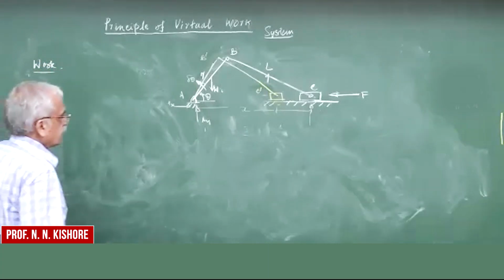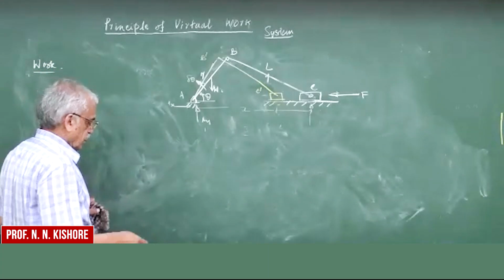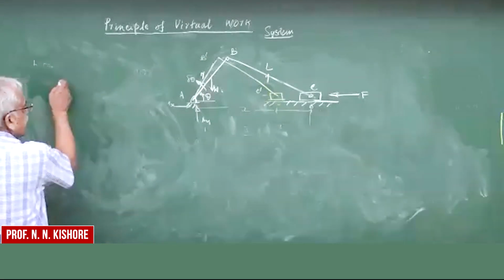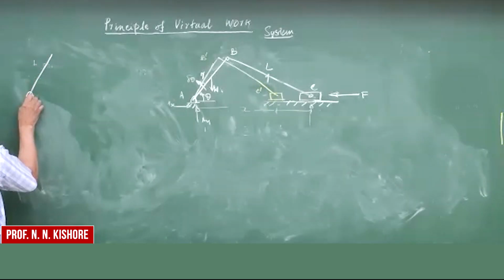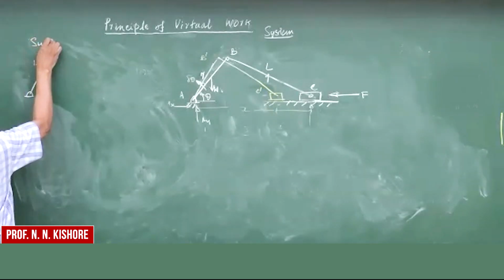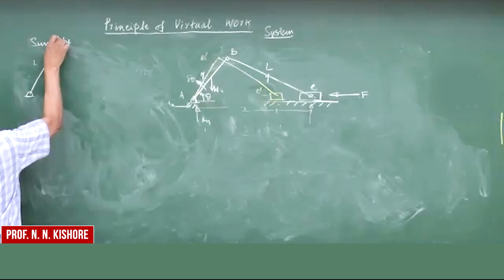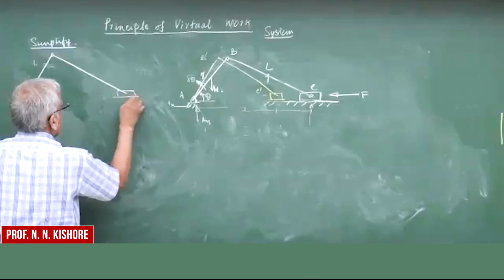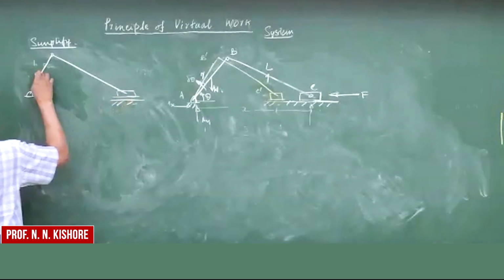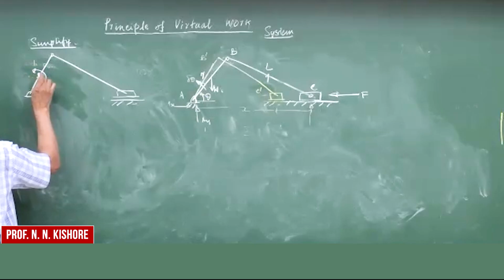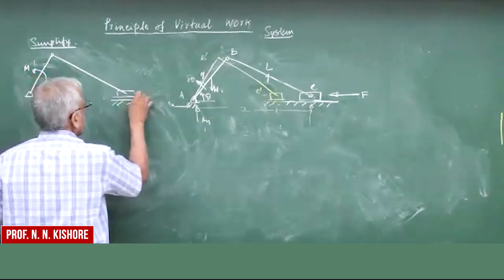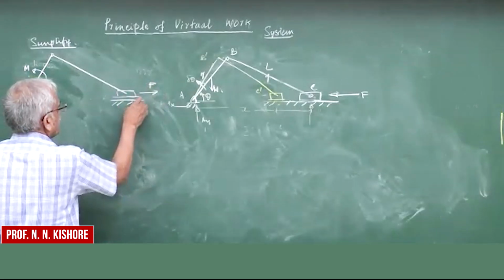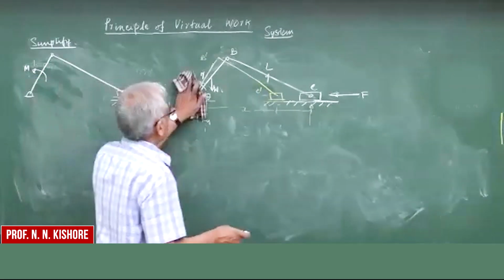Let us simplify this system by having only an M and an F. There are only two forces, instead of all these things.